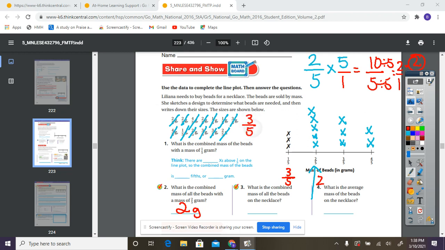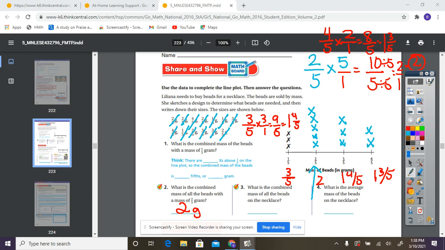Or I could just do 3/5 times 3, which is 9/5, which is 1 4/5. And then I need to do 4/5 times 2. 8/5, which is 1 3/5.